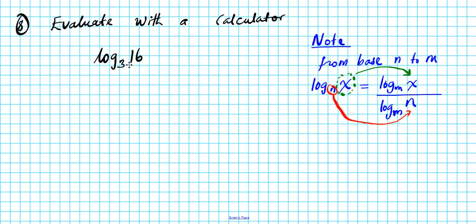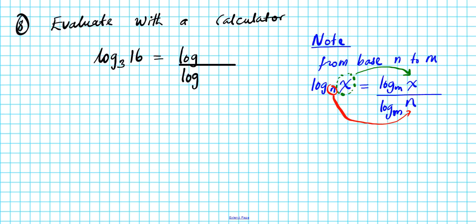Alrighty, we're going to apply it here. We want to change it to log base 10 or log base e, which is ln. Let's do log base 10. Okay, so this is now going to become log base 10. Do not write the base for log base 10, it's not necessary. So we have log base 10 on the top and also log base 10 on the bottom.